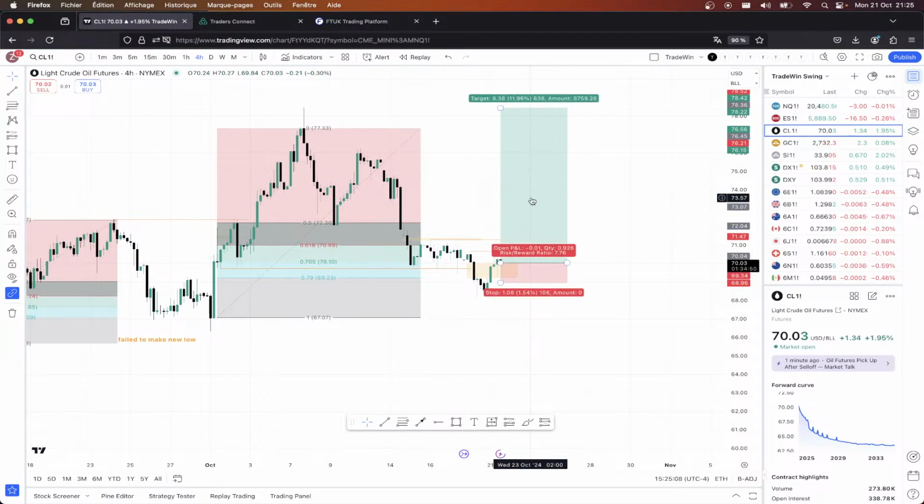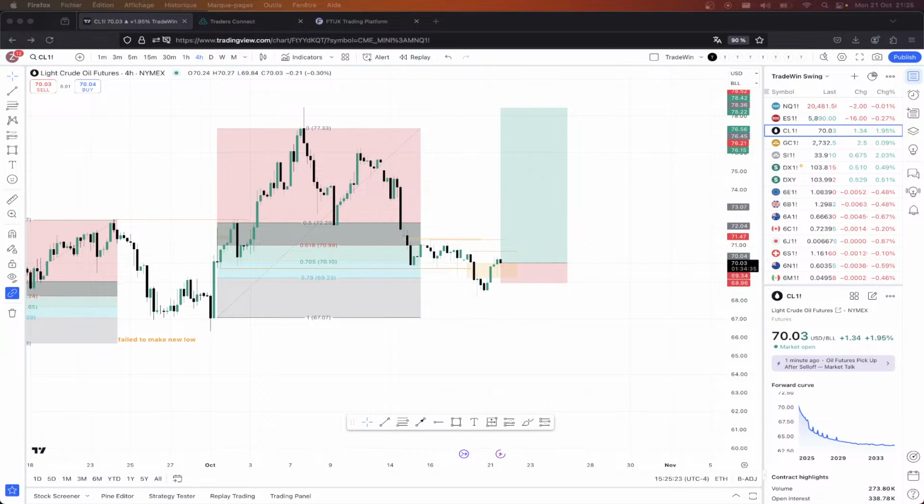The risk to reward ratio is greater than 7, which could be a very nice trade here if oil continues to go up. Okay, so we'll track that after that. So that's why I told you on my X account this morning that oil might be an interesting instrument for today.